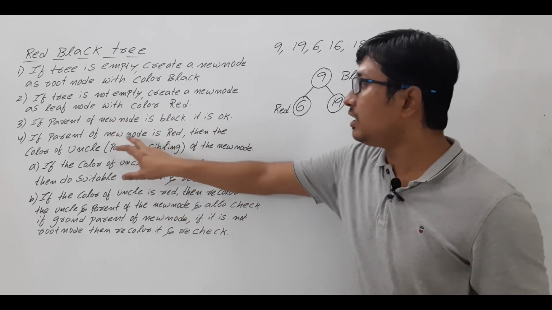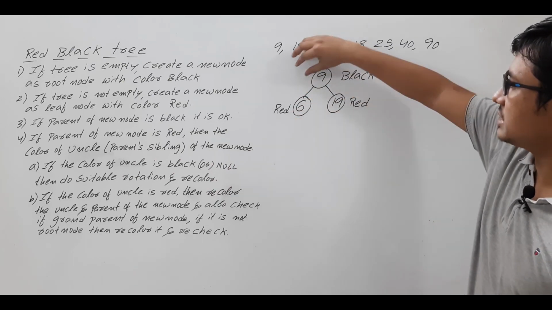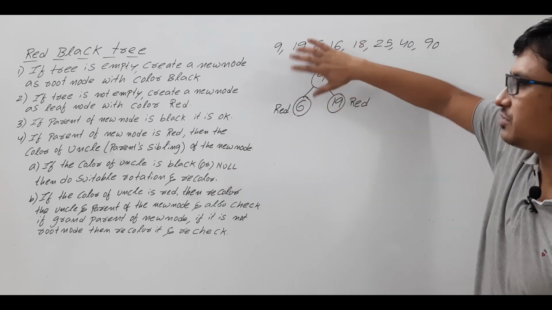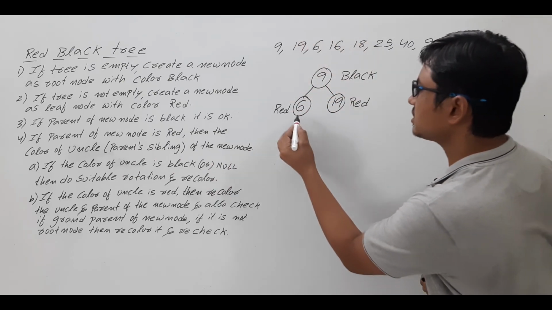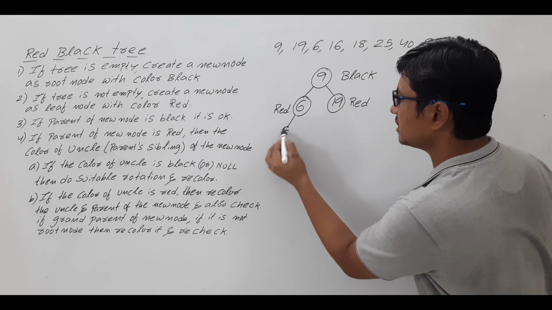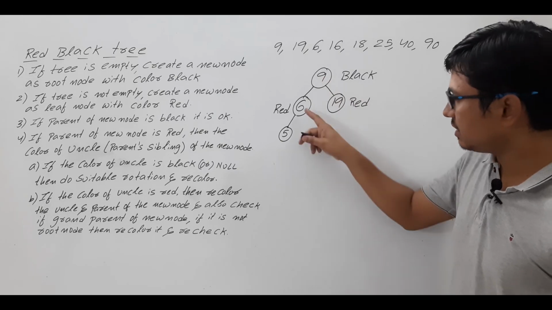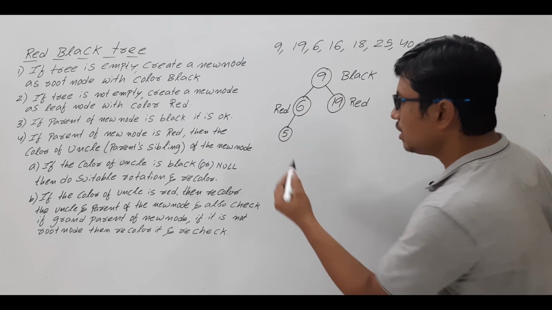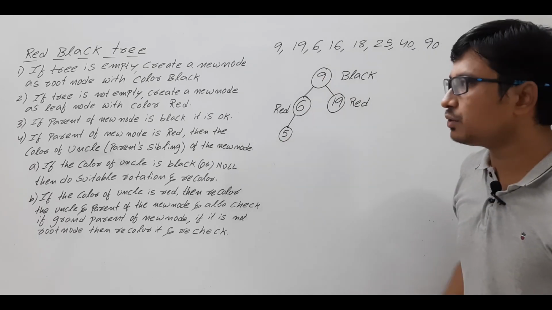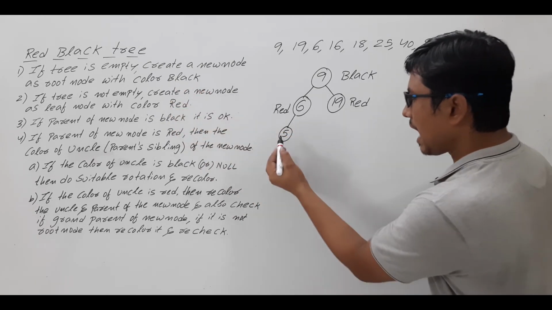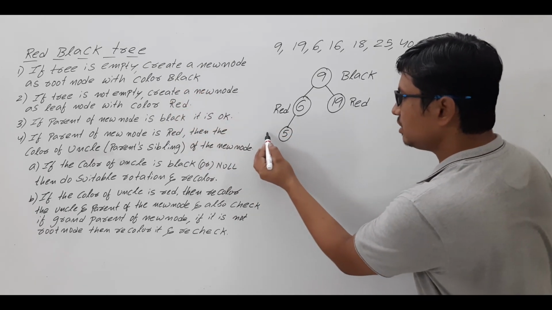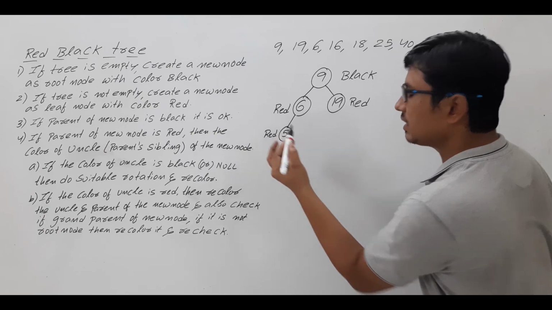Now if the parent of the new node is red, suppose here it is a red color, just for example, or you are inserting some more elements here. Let's say you are inserting 5. Is it clear? Now 5 is less than 9 and less than 6, so you will insert it here. What color will you give according to rule 2? As it is a new node which is a leaf, you will give the red color.